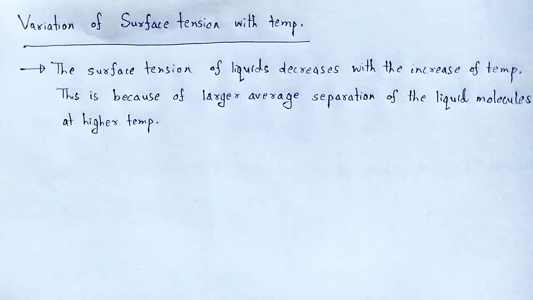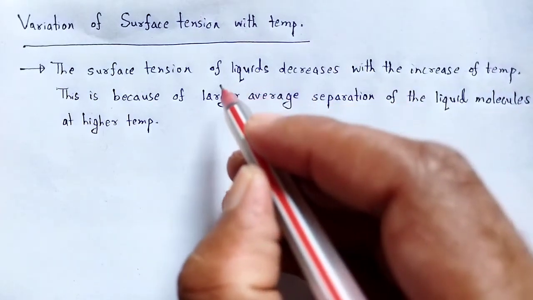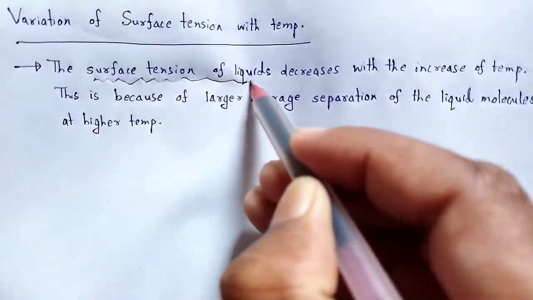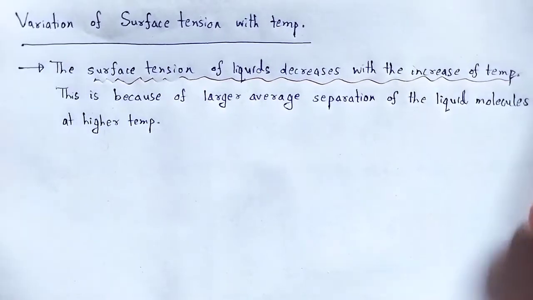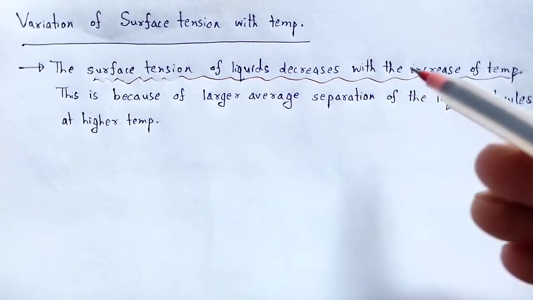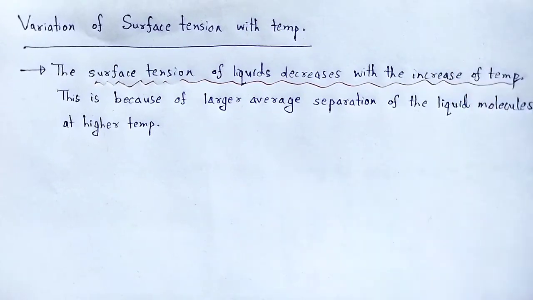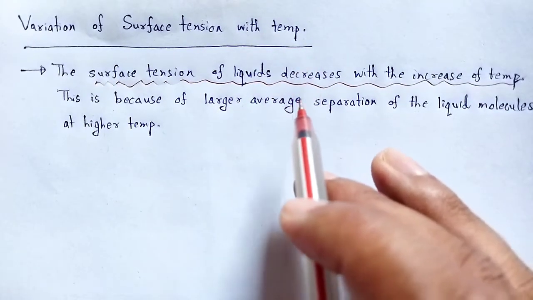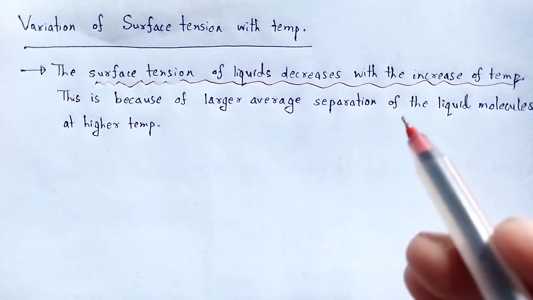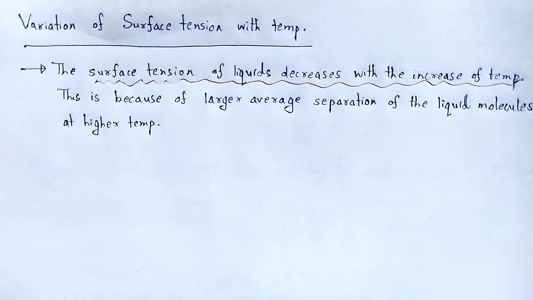Surface tension of liquids decreases with increase of temperature. When we increase the temperature, the surface tension of the liquid decreases, meaning they vary inversely. With the increase of temperature, surface tension decreases, with the decrease of temperature, surface tension increases. This is due to the larger average separation of the liquid molecules at higher temperature.